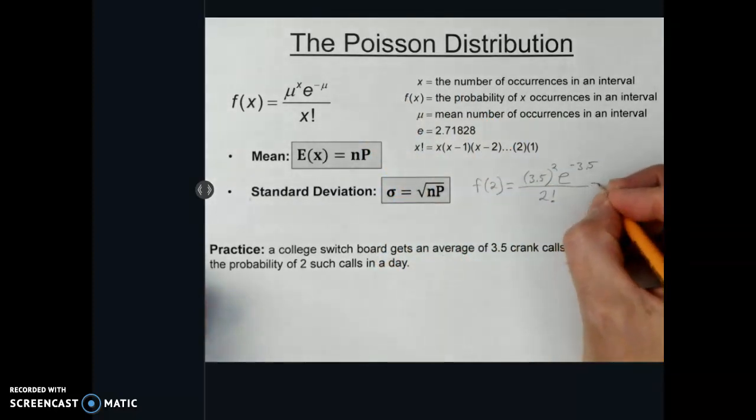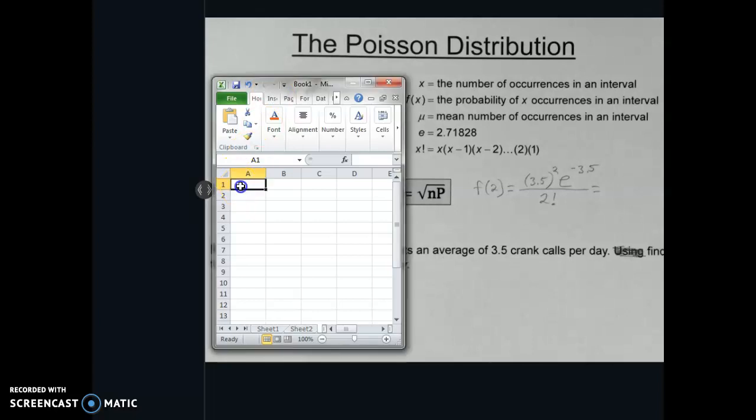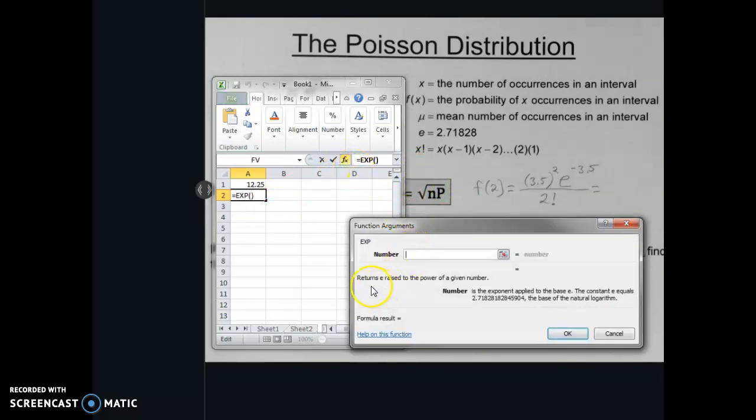If you run the numbers in Excel, and again, we're just going to use Excel to do the computations, you will get the following. Let's do our numerator first. 3.5 to the exponent of 2. And I'll just put that one there. Then we're going to use the exponent function. This is a specific function in Excel, which if I pull up the argument menu, says returns e raised to the power of a given number. So we're going to raise it to 3.5, right?